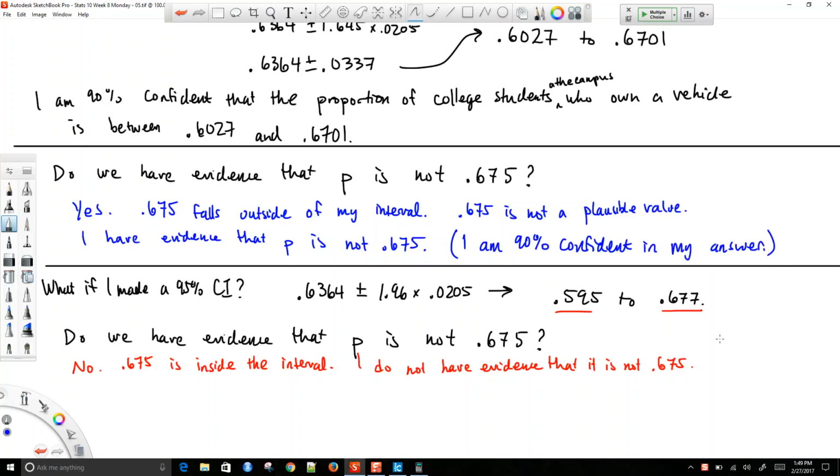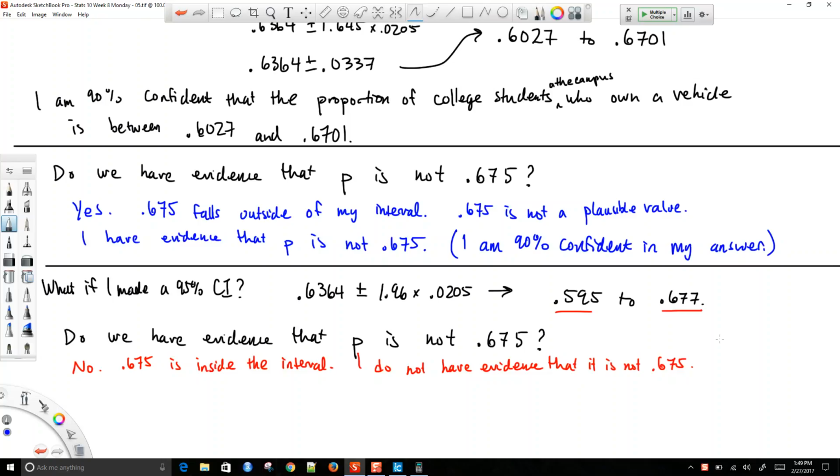If someone says, well, I'm not happy with 90% confident, I want you to be 95% confident in your answer, then you say, okay, if you want me to be that confident, then no, I'm not sure anymore. If you want to be even more confident in your answers, then your intervals get wider, and then you can no longer dispute certain things.